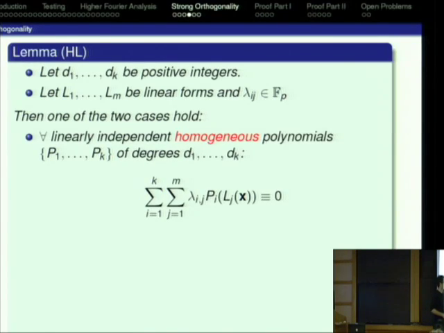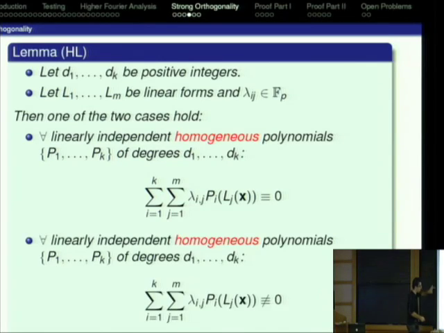For every set of linearly independent homogeneous polynomials P1 to Pk of degrees D1 to Dk, so P1 is of degree D1, P2 of degree D2, and so on, this sum is 0. Or this sum is not 0 for any such set of polynomials.